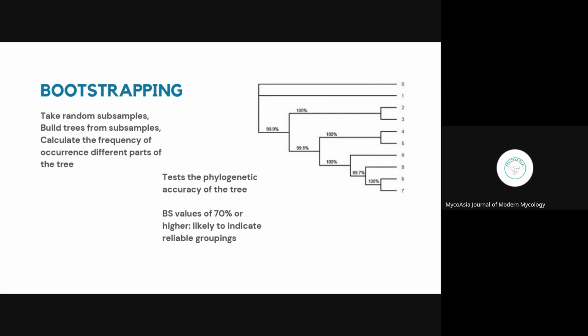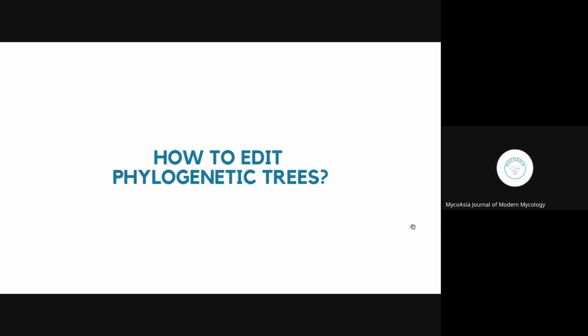In reality, the program takes random subsamples, builds trees from the subsamples, then calculates the frequency of occurrence of different parts of the tree. So bootstrapping is a test of the phylogenetic accuracy of the tree. Normally, bootstrap values are represented as percentages, and 70% or higher are likely to indicate reliable groupings.